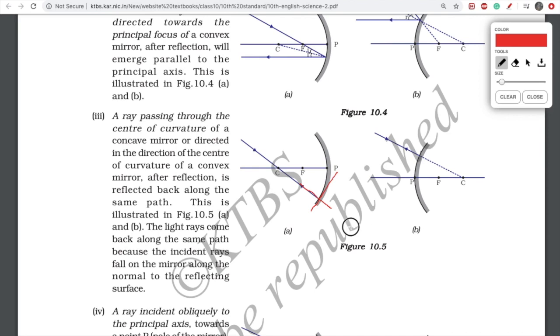When a light ray comes like this, this is the normal. If the light ray is coming like this, this is the angle of incidence. So now if the light ray is actually coming like this, then angle of incidence will be 0, correct?